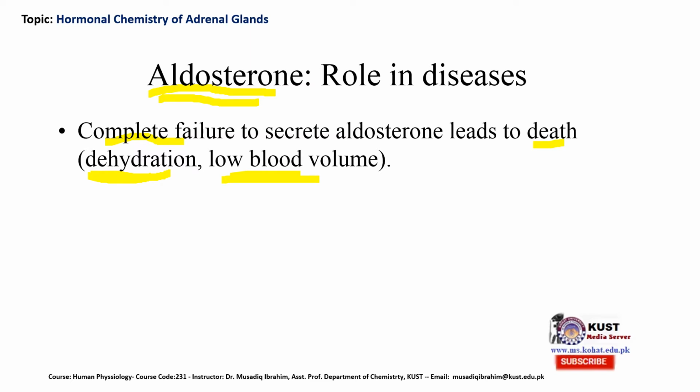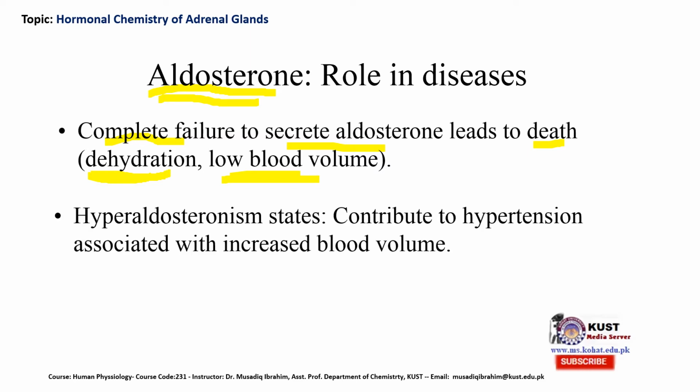And this complete failure of secretion of aldosterone is also referred to as hypoaldosteronism. Now the other condition or disease is hyperaldosteronism, and that leads to hypertension, that is high blood pressure, along with the increased blood volume.